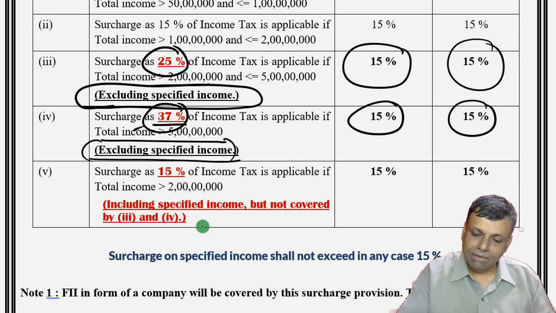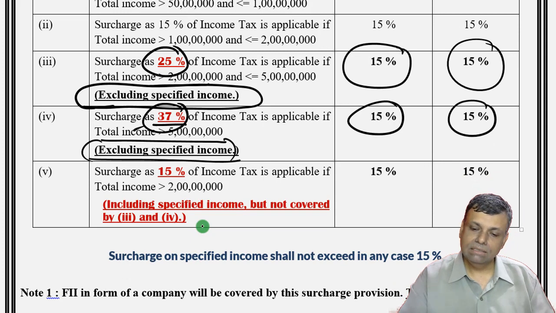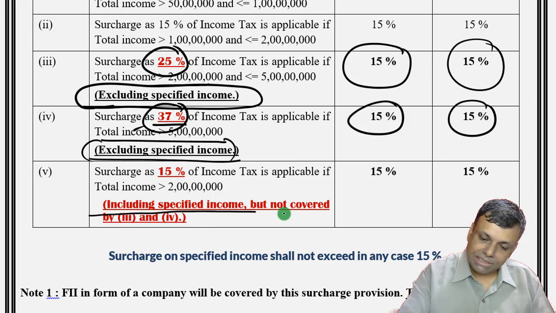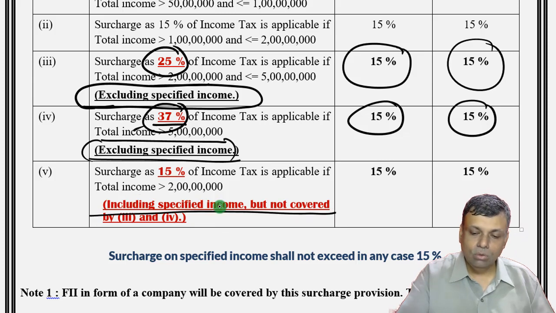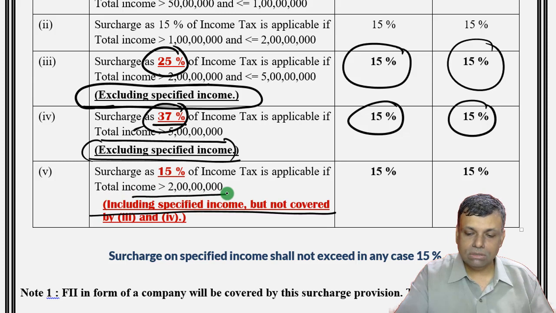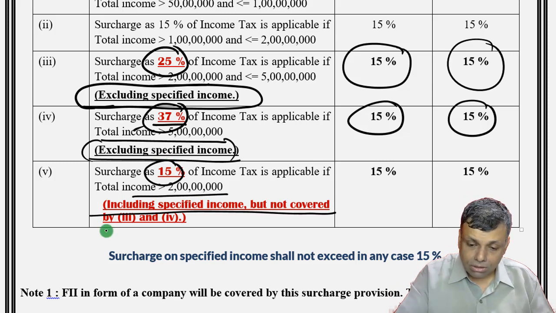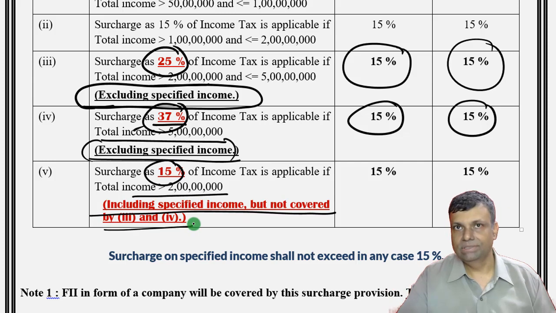Okay, and if there is any income which is including the specified income, where you are not crossing this 2 crore rupees, then the surcharge will be regarded as, I repeat, including the specified income, but you are not covered by the above provisions.